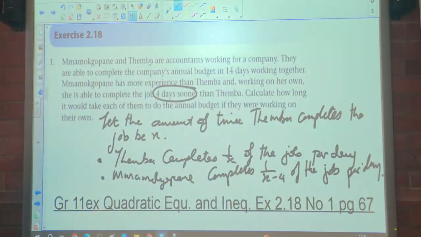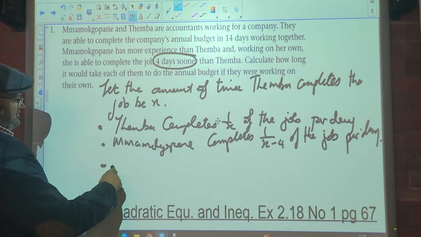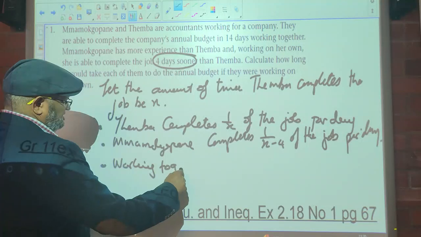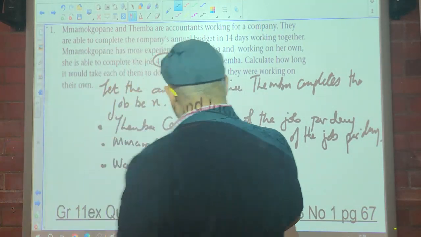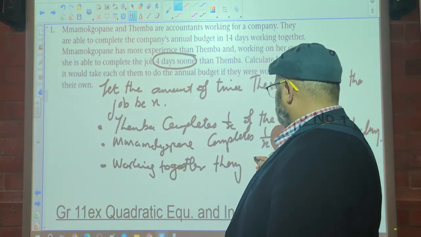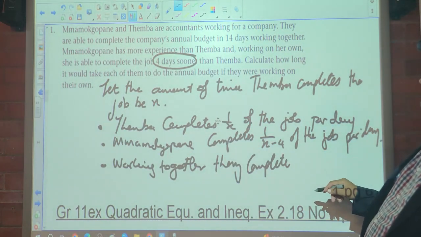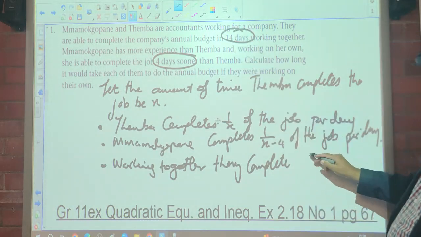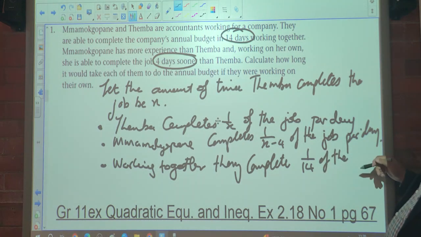Working together, they complete, how much they complete in 1 day? 1 over 14 of the company's books, of the job in this case, per day.